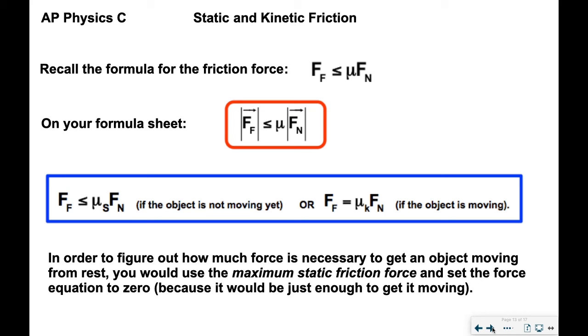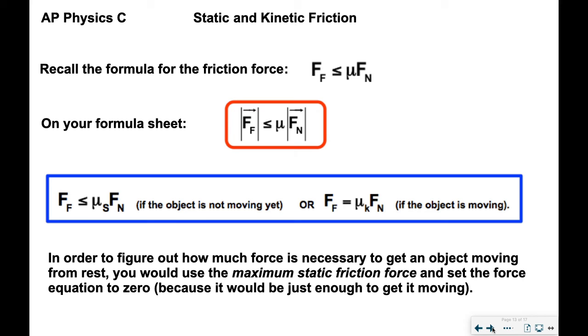So, applied force minus friction force, that sort of thing. And we set the force equation equal to 0, and we use the maximum value of the static friction force, so mu s times Fn, and we see what kind of result we get.